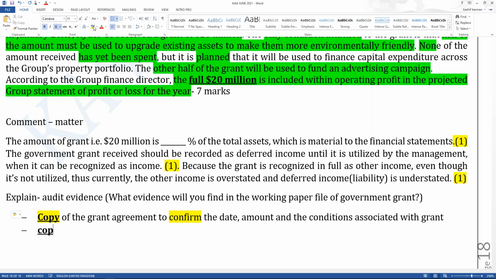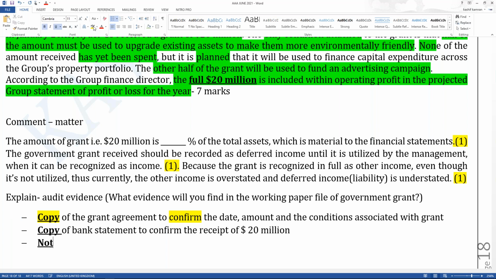Okay, next, will I have a copy of the bank statement in my working paper file? Copy of bank statement in my file as well, which the manager will review, to confirm the receipt of $20 million. What else will the manager get in my file?